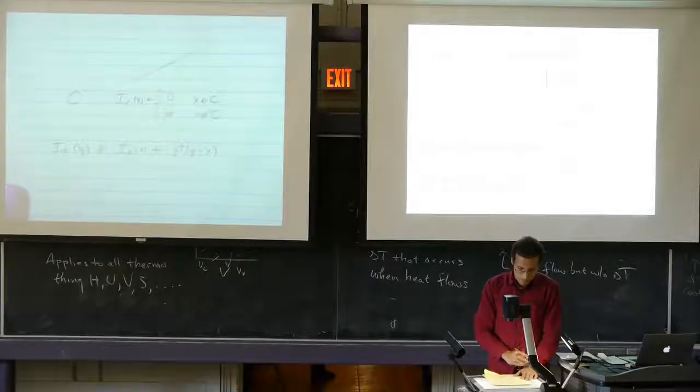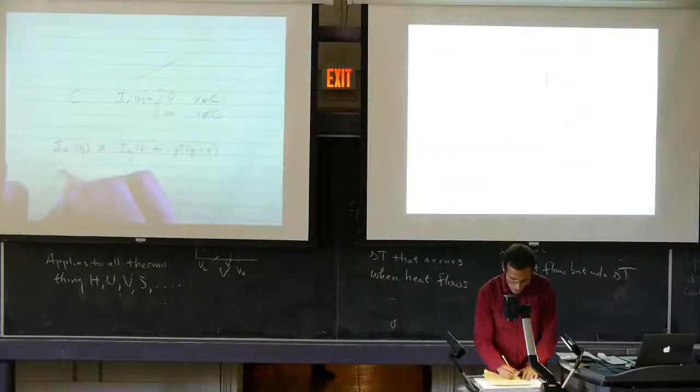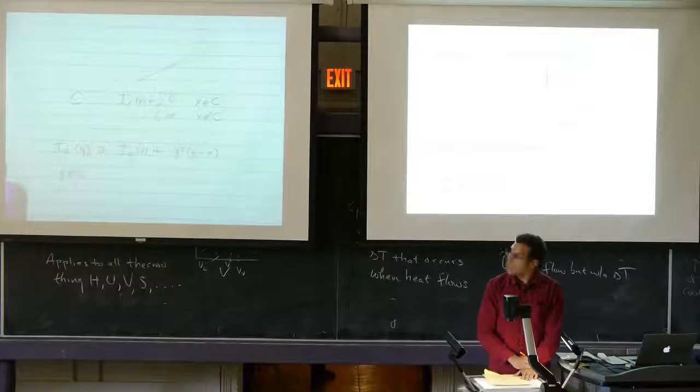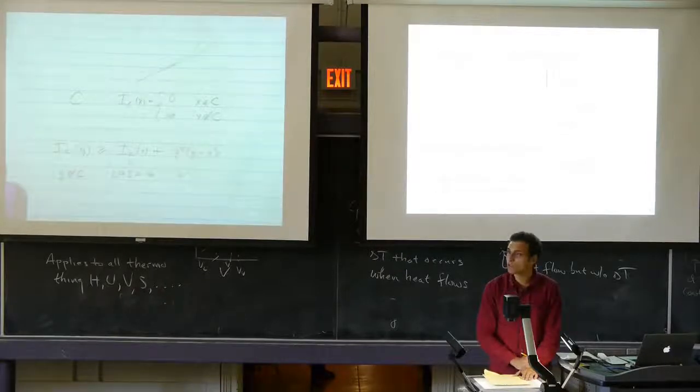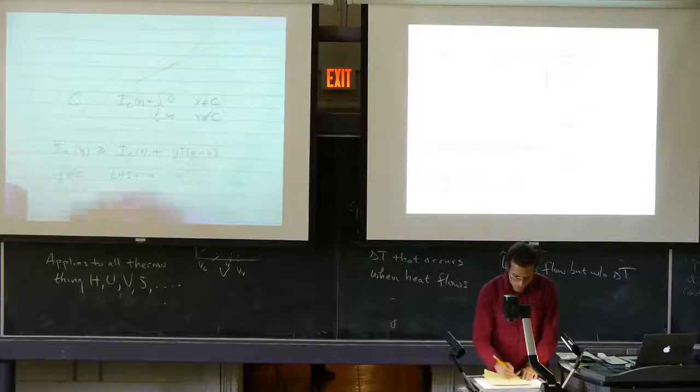So now let's look at two cases. If y is not in the set C, then the left-hand side here is infinite. So it actually holds for all g, right? And if y is in C, then the left-hand side is 0.